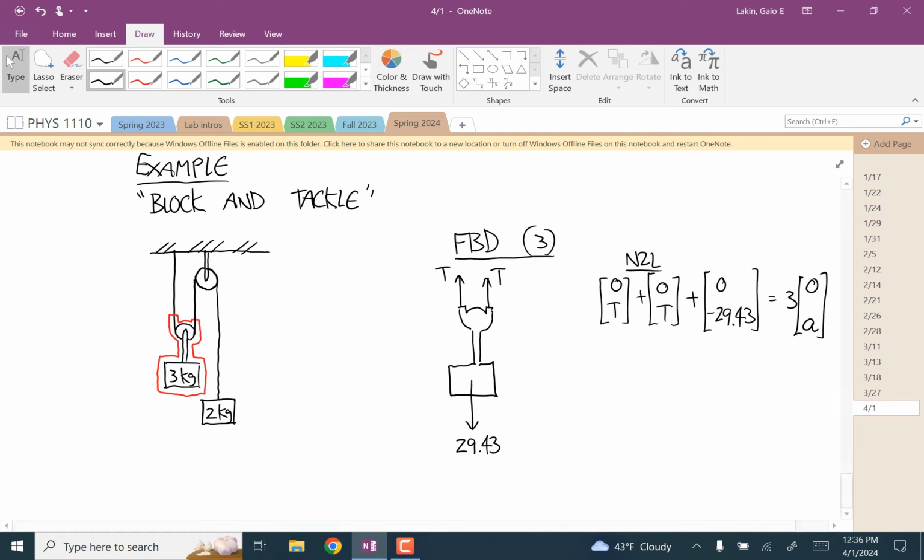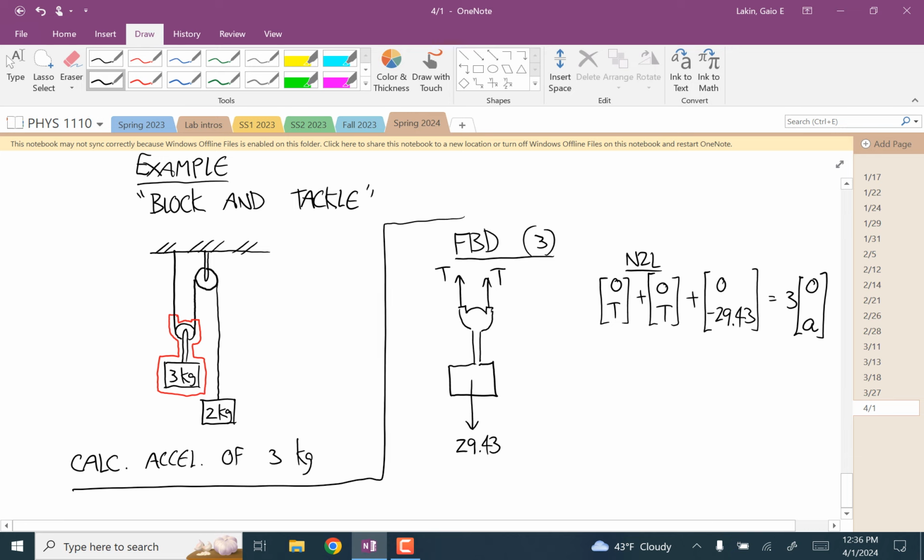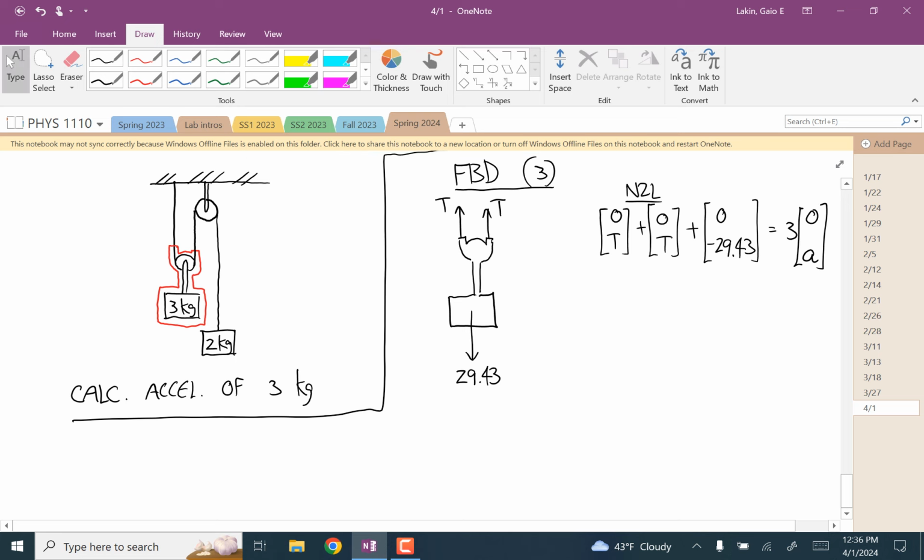Let's calculate the acceleration of the 3 kilogram. All right, so I got this first equation that says 2T minus 29.43 is equal to 3a.